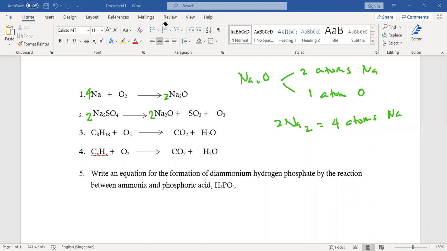Before you finish checking the reactions, please check the number of atoms. 2 times 2 is 4, 2 times 2 is 4, so the number of sodium is already balanced. 2 times 1 is 2, 2 times 1 is 2, balanced. 2 times 4 is 8, 2 times 1 is 2, plus 4 is 6, 6 plus 2 is 8. So it's already balanced.